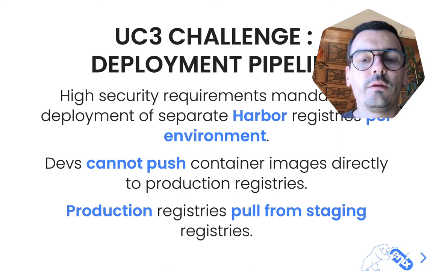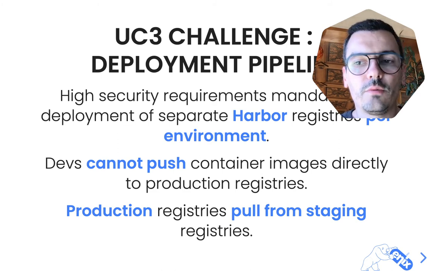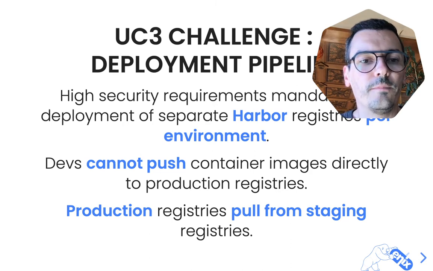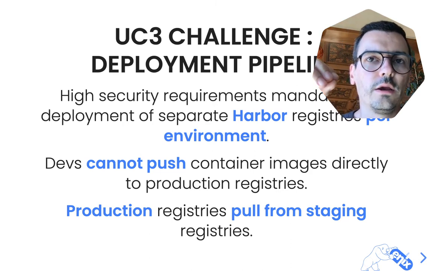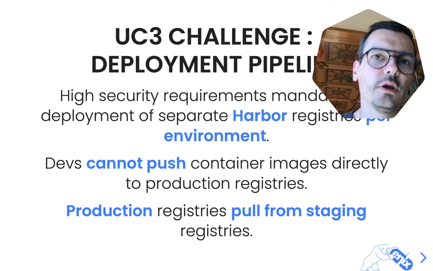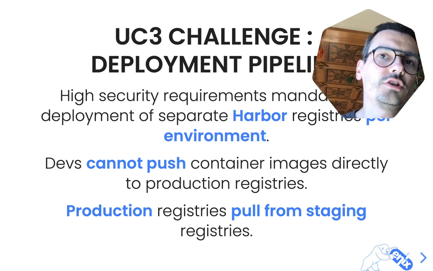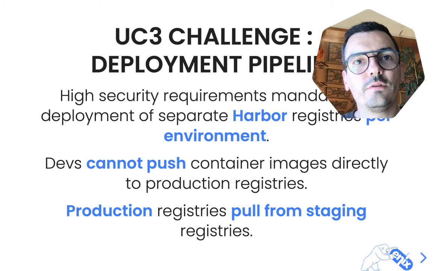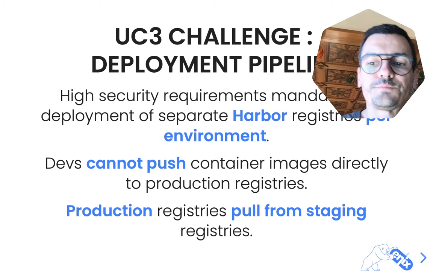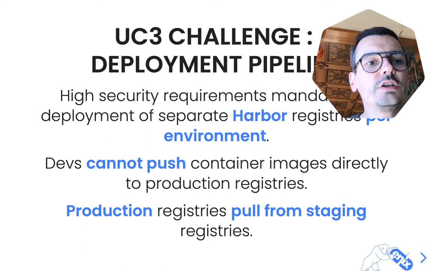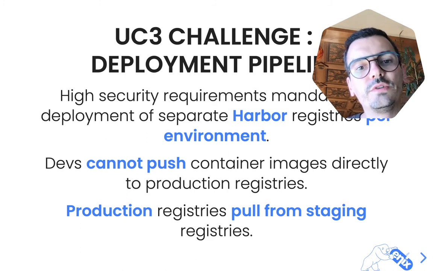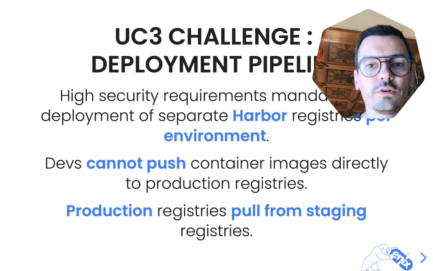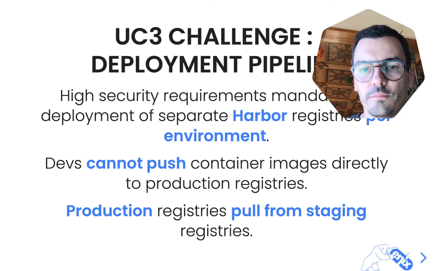So the strategy that we went through was to have a pull replication model where the Harbor running in the production environment would pull from the staging environment the different Docker images, and this multiplied by the number of environments. Obviously, the staging Harbor registry would still be available for the developers to push directly, and also for the continuous delivery that was in place.